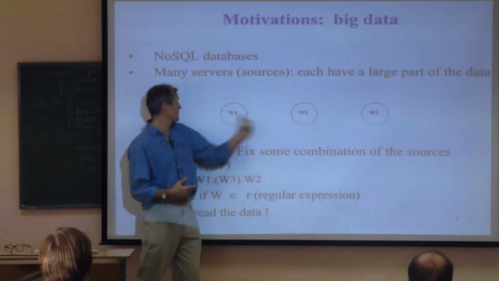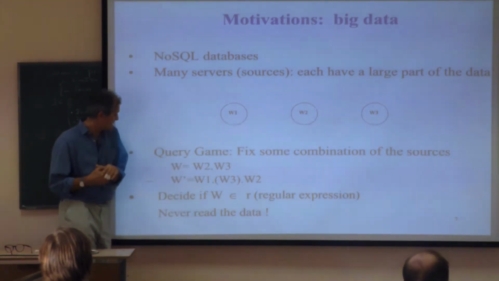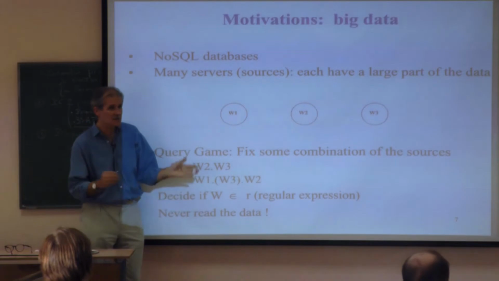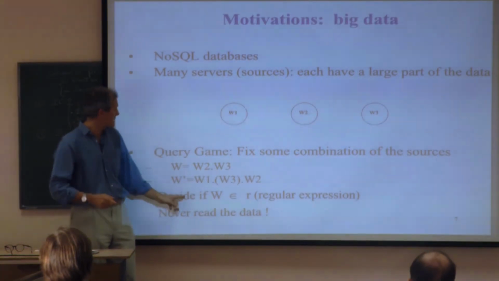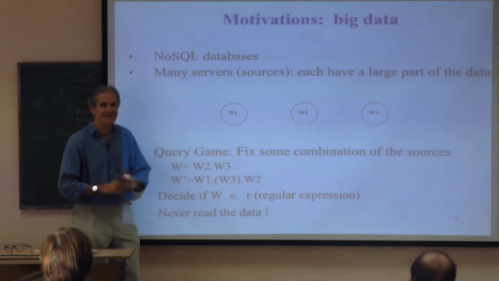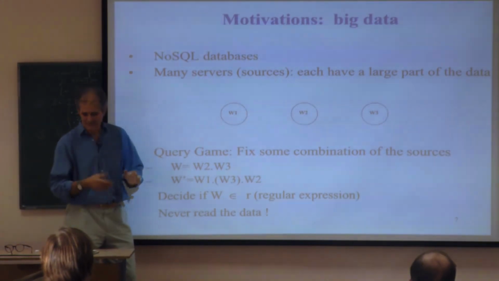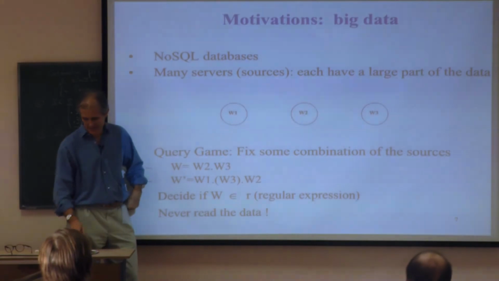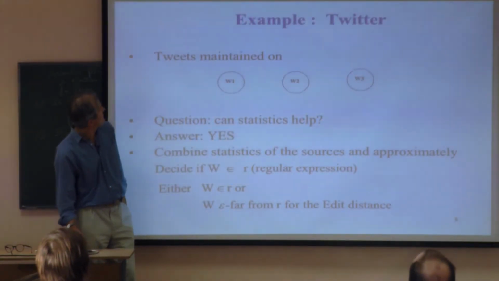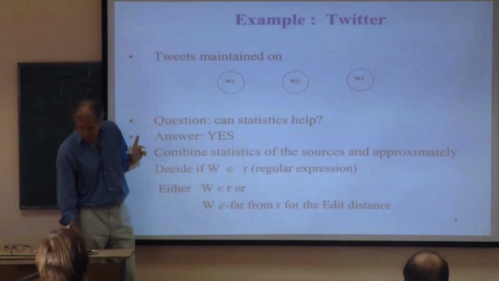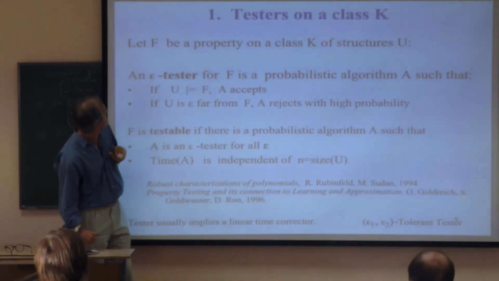I want to take this guy reverse. And for each of these combinations, I want to have very quickly the answer to this, and never read the data. So this is the goal. Now we'll see the Twitter business in a minute.